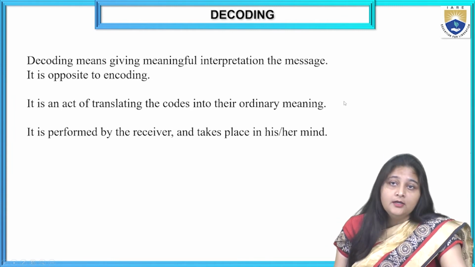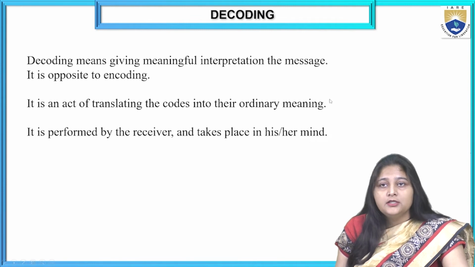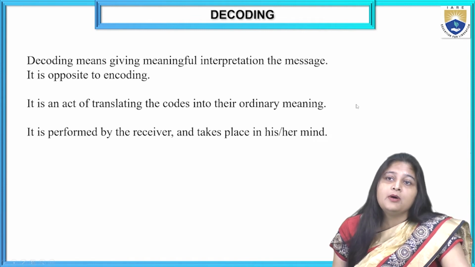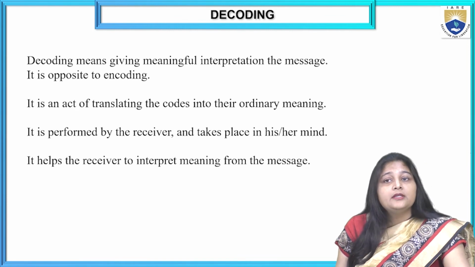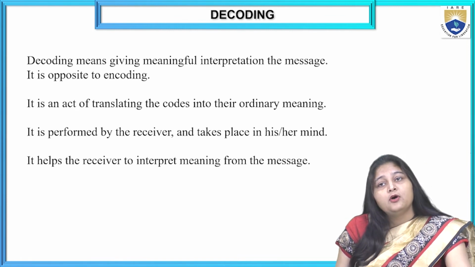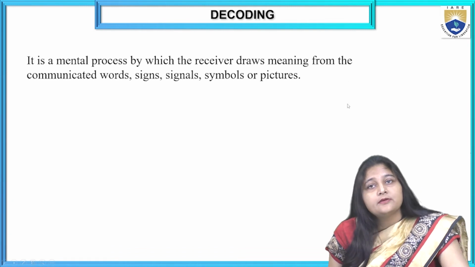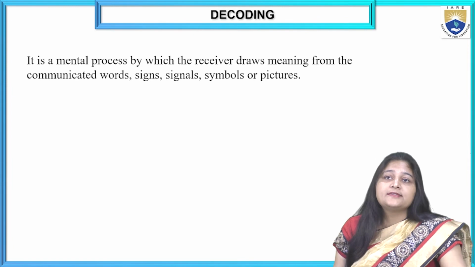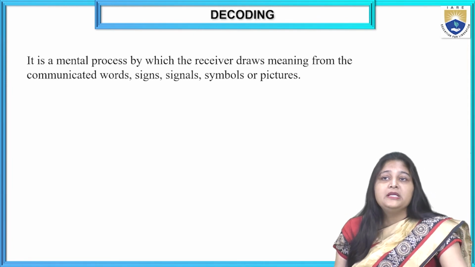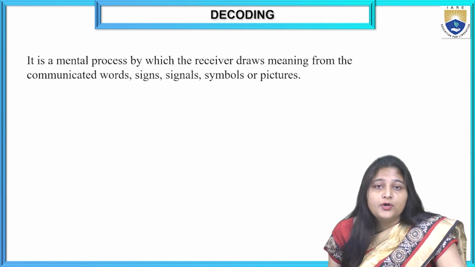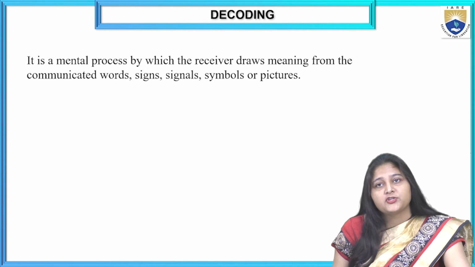Who is decoding? Decoder is the receiver. It takes place in the receiver's mind. It helps the receiver to interpret the form of the message. It is a mental process where the receiver brings out the meaning from the communicated words, signs, signals, symbols, and pictures.